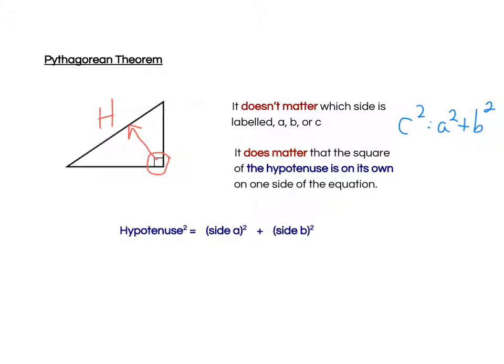If you wish, you can label the vertices of your right-angled triangle A, B, and C, but I would try to accustom yourself to not seeing that.